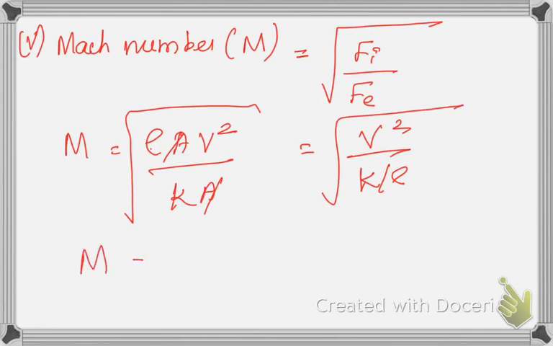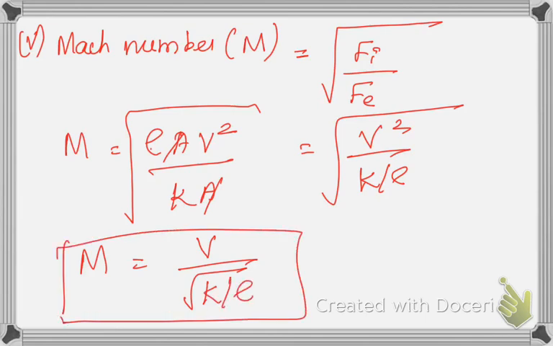So Mach number will be equal to V by root of K by rho.